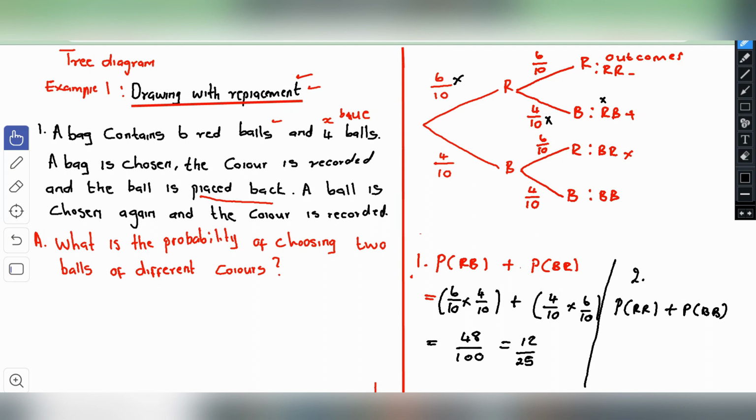So for the same color, it's going to be 6 all over 10 multiplied by 6 all over 10, plus 4 all over 10 multiplied by 4 all over 10. That's how you're going to get your answer after calculating this. This is how we solve the tree diagram of drawing with replacement.